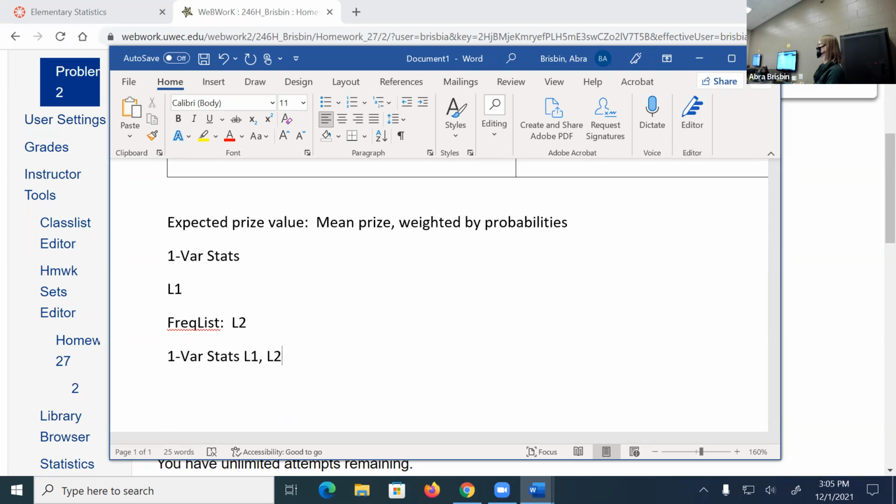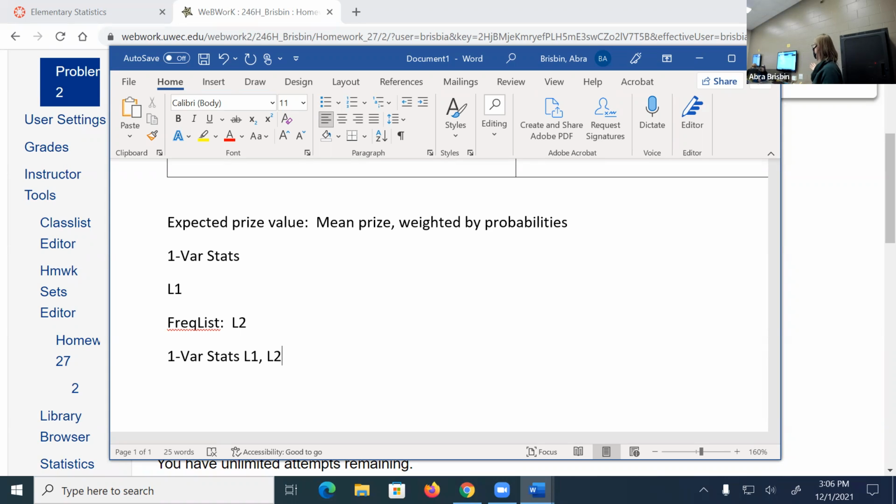Yeah, cool. So what is the frequency list? And is it better than the other calculators? So the frequency list is you're putting in the frequency or the probability associated with each of the rows in L1. So mostly we haven't been using that this semester because we've just been putting in L1 one number for each time that number occurred in the data set.